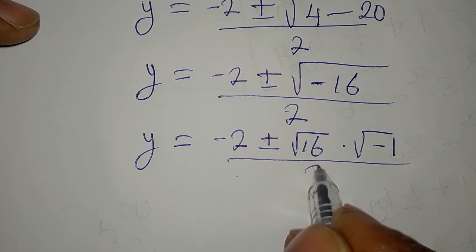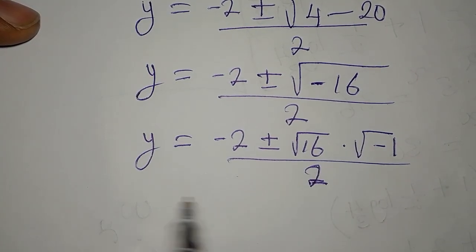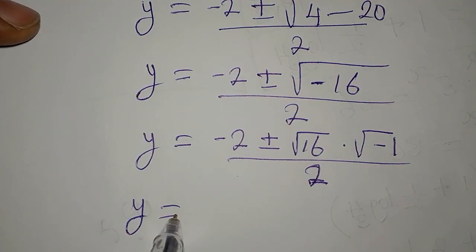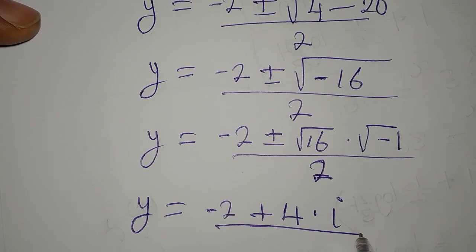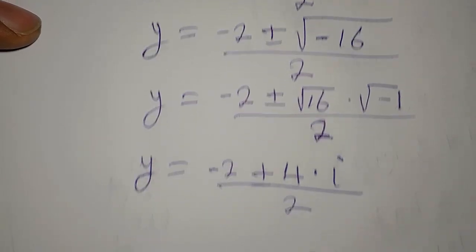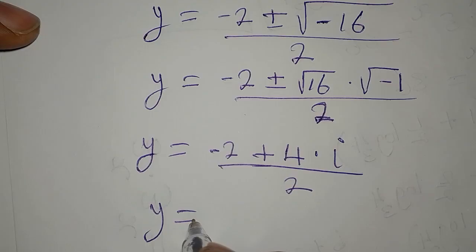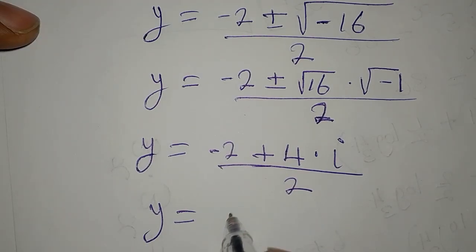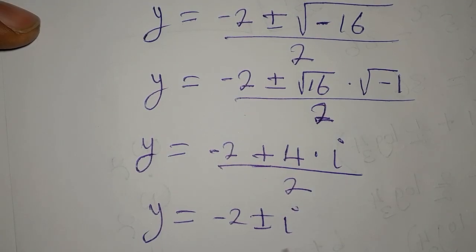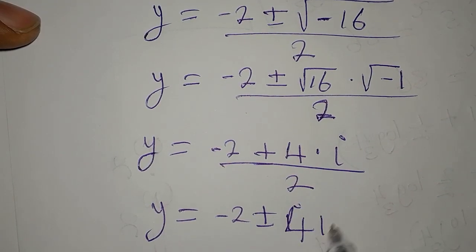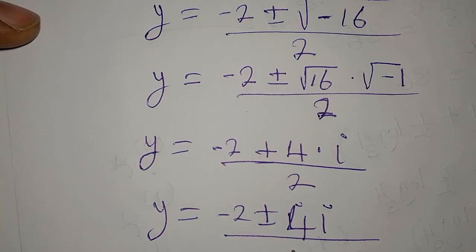Take a step. Y is minus 2 plus or minus, we have the square root of 16, that is 4, then multiply by i, divided by 2. Then our y is equal to minus 2 plus or minus 4 times i, that's 4i. Then divide it by 2.